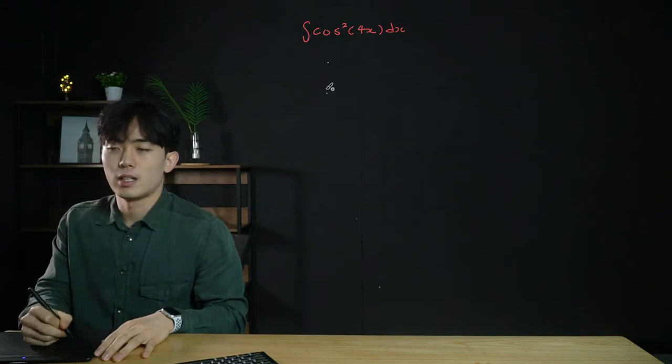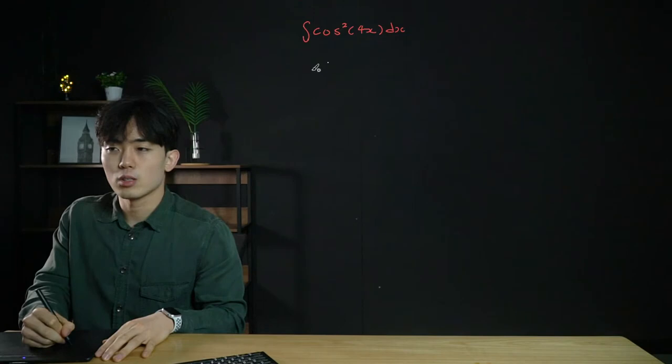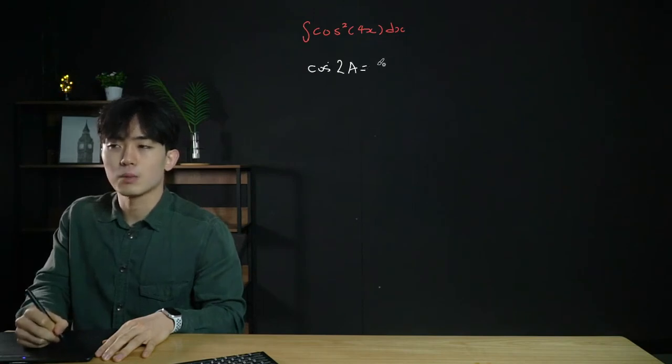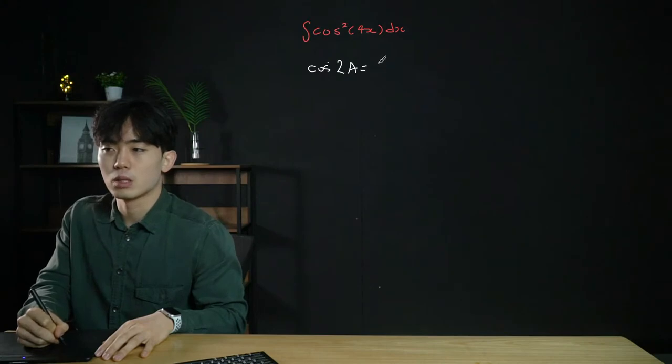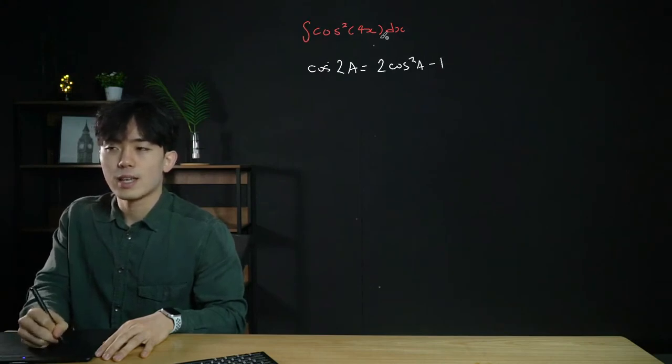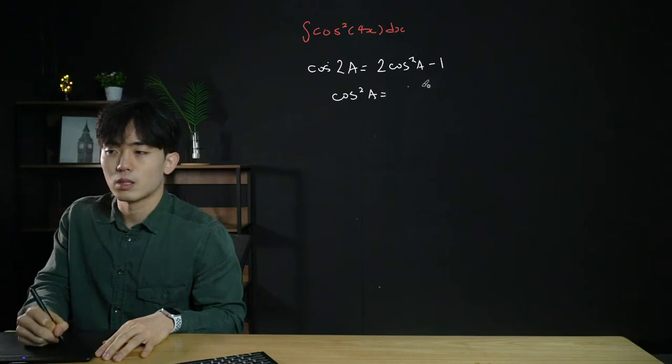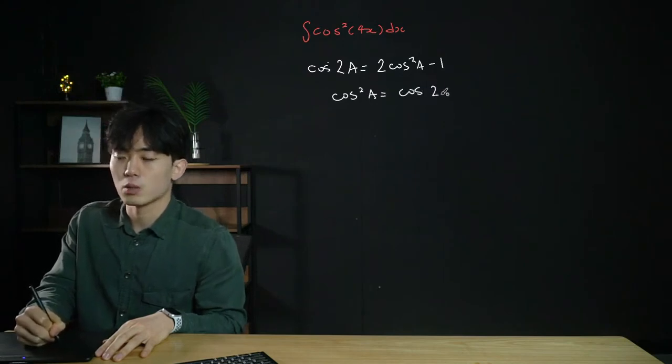This is the integral of cos squared 4x. As before, we're going to use the cos 2a double angle formula. In terms of cos squared, that's 2 cos squared a minus 1. So we can rearrange for cos squared a to be equal to cos 2a plus 1, all divided by 2.